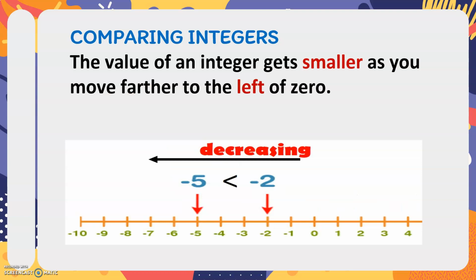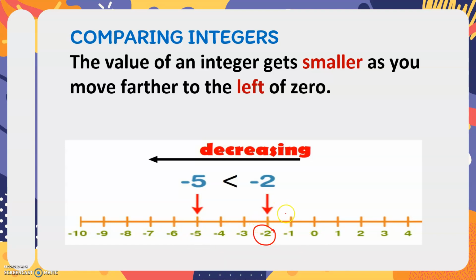Now, in comparing integers, let us always remember that the value of an integer gets smaller as you move further to the left of 0. For example, if you are to compare negative 5 and negative 2, we'll have negative 5 is less than negative 2. That is because negative 2 is closer to 0 than negative 5.